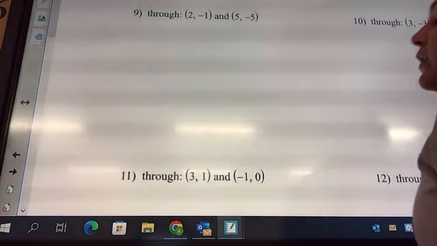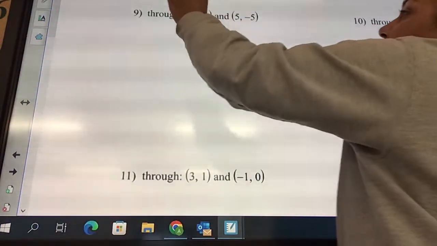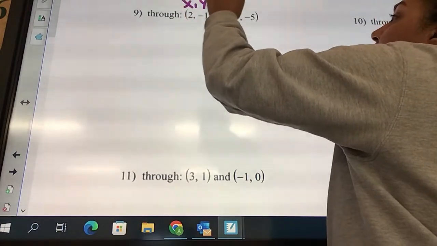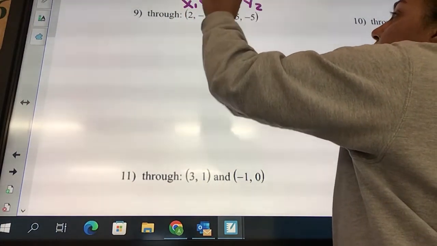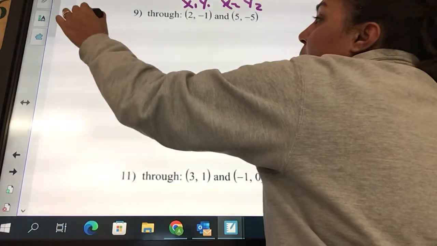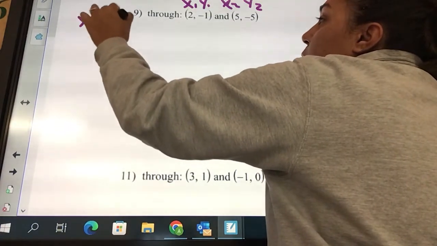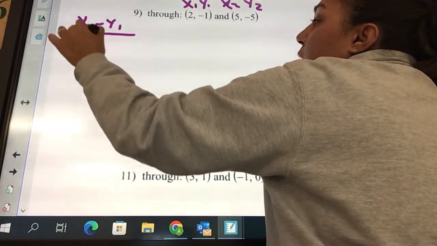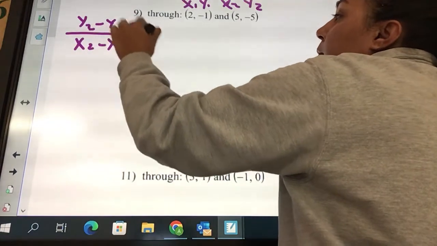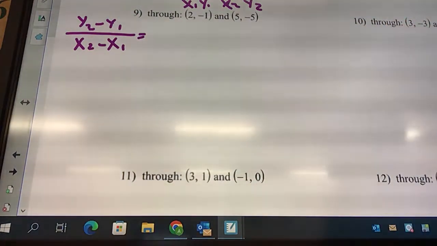Number 9. So these are still the same. We're going to say x1, y1, x2, y2. Okay, and my m formula is y2 minus y1 over x2 minus x1. The more that you write down the formulas on your sheet, the more times you're going to remember it by heart.